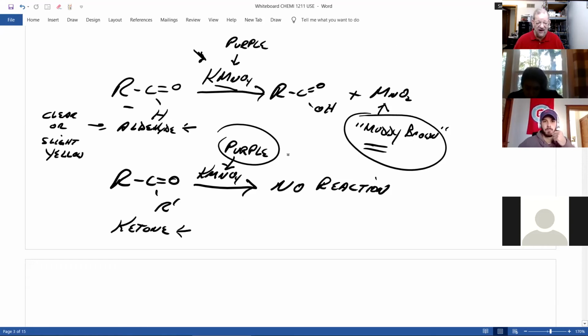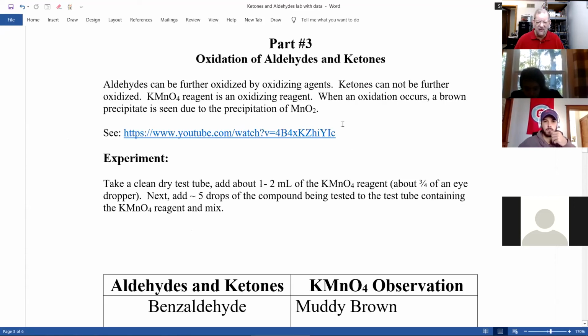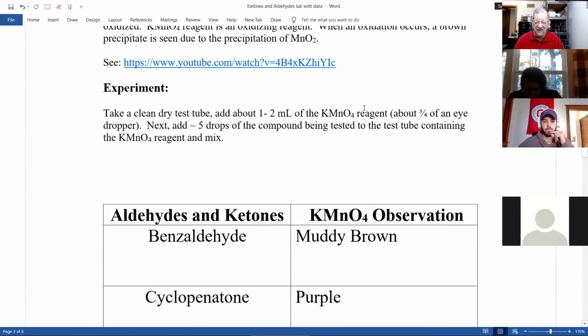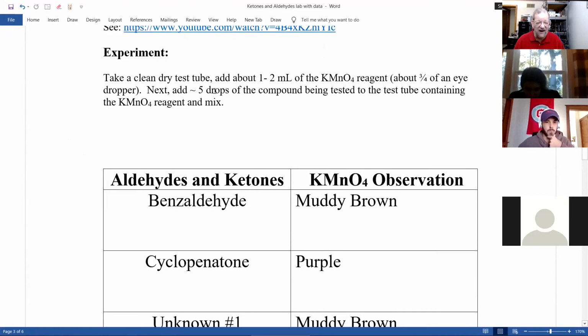So in this section of the lab, and by the way, here's a nice YouTube if you'd like to watch and see that muddy brown color, feel free to look at that. And in the dry test tubes, you put about 1 to 2 milliliters of the potassium permanganate reagent.